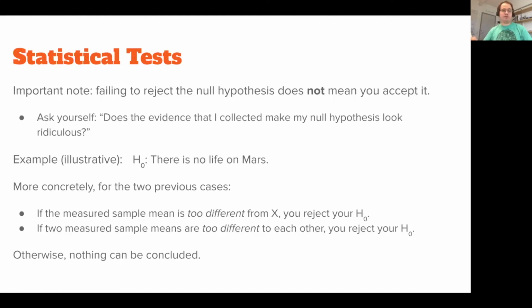Or we fail to reject our null hypothesis. In that case, we can't state conclusively that there is no life on Mars. All we can say is that we haven't found it yet. So as far as we know, so far, there is no life on Mars.